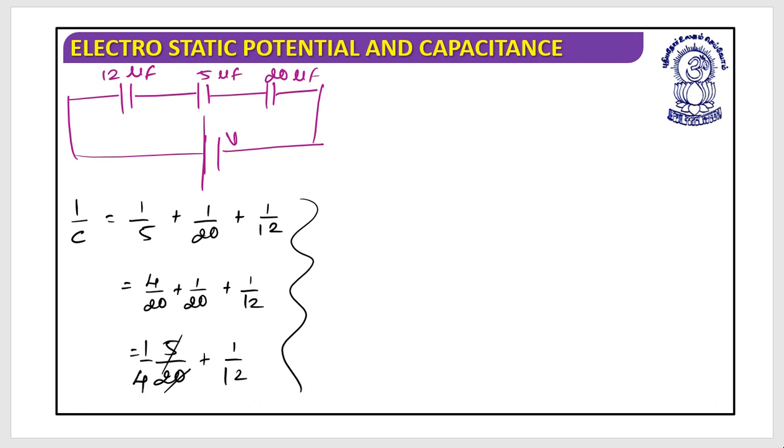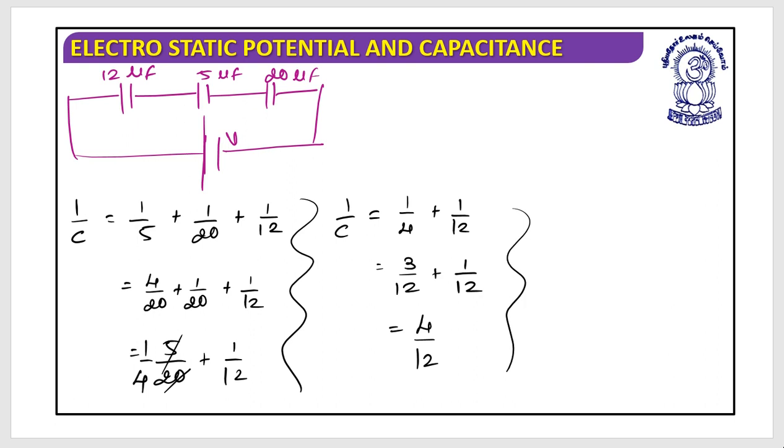So 1 by C equals 1 by 4 plus 1 by 12, which equals 3 by 12 plus 1 by 12, that is 4 by 12. So this is the value of 1 by C. So C would be equal to 12 by 4, and that would be equal to 3 microfarad.